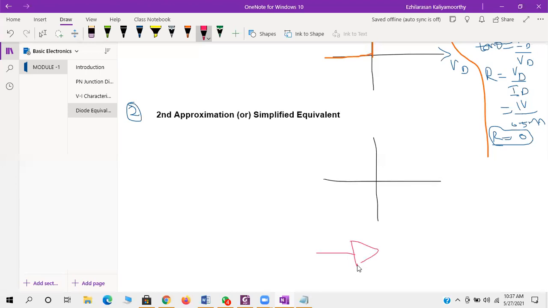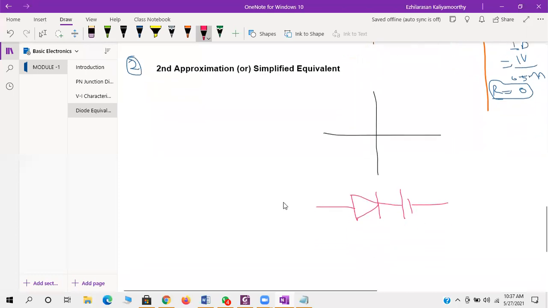Along with the ideal diode, I'm going to add a VB, the barrier voltage. This is plus, this is minus. That is the barrier voltage, just connected.